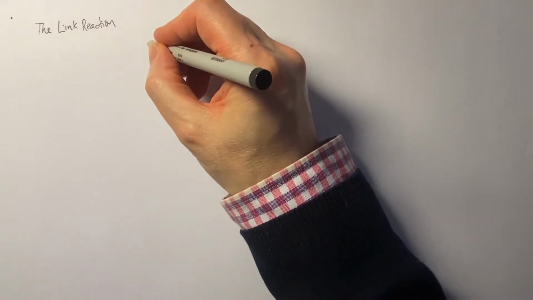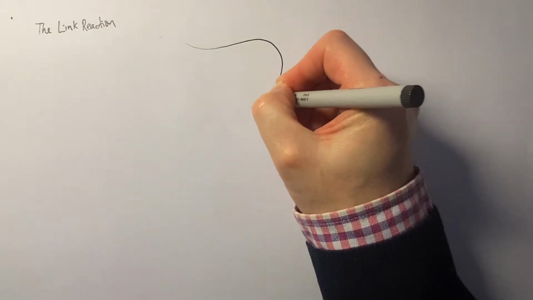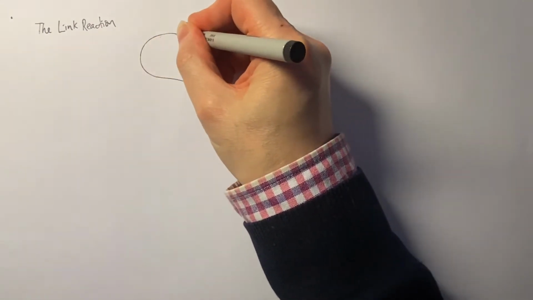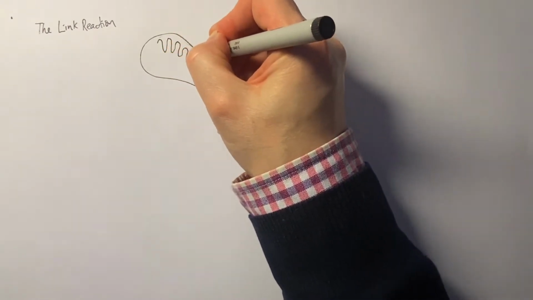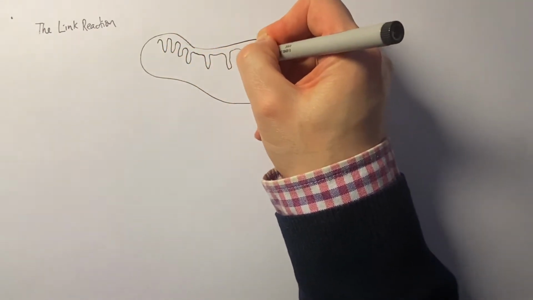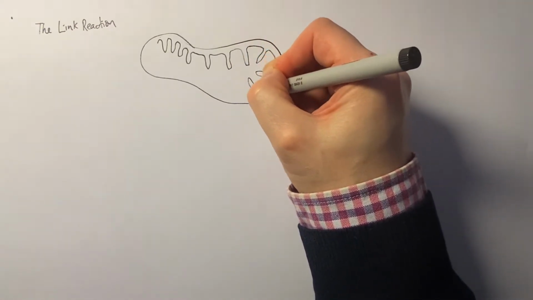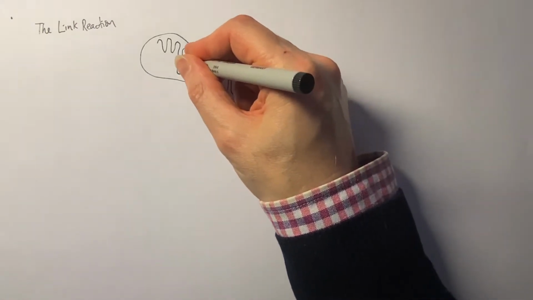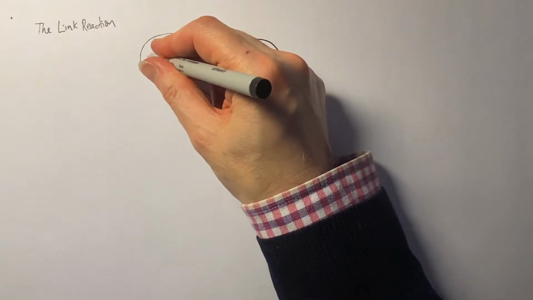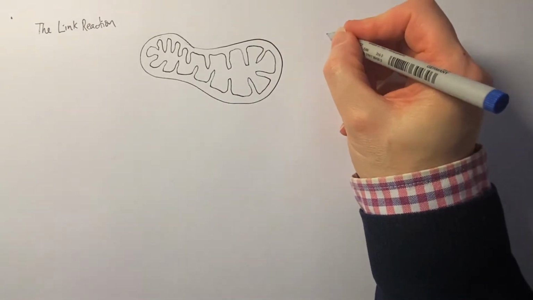So if we imagine that we have a mitochondrion, for example here, and we've got the outer membrane, and this here is the inner membrane. The inner membrane has lots of foldings that form what we call cristae. In the cytoplasm, the process of glycolysis has taken place.